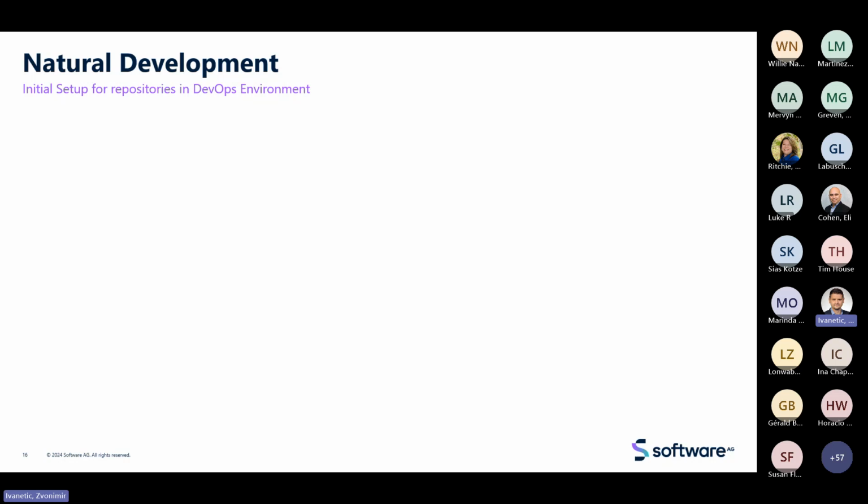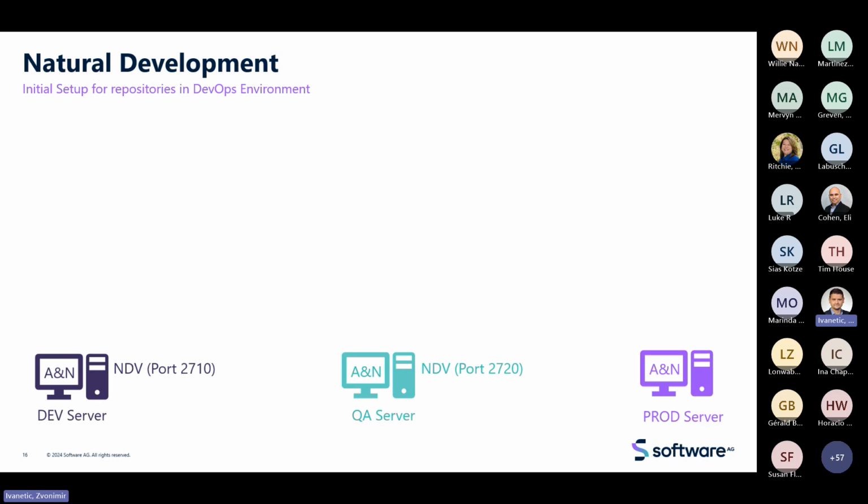But the full-blown way is to set up a complete branching for the environments based on a source code repository system. And here I want to quickly show you something about an additional setup of your repository in a DevOps environment and how you can get this starting. So first of all, you have the different environments as we see it here.